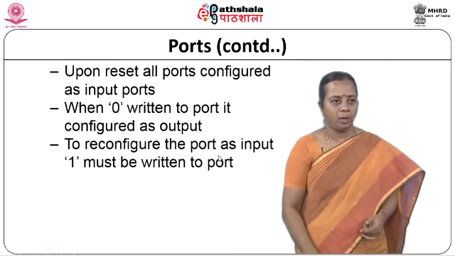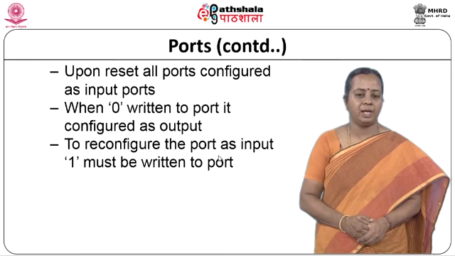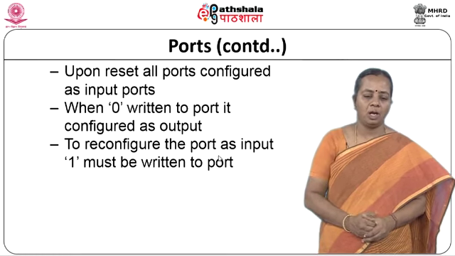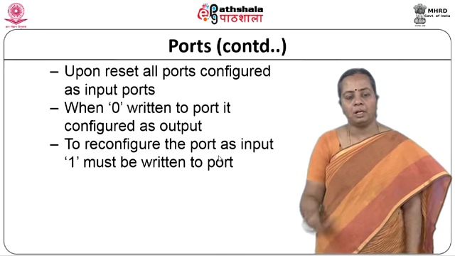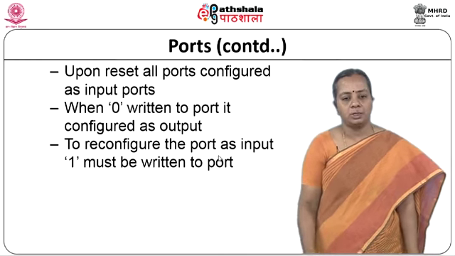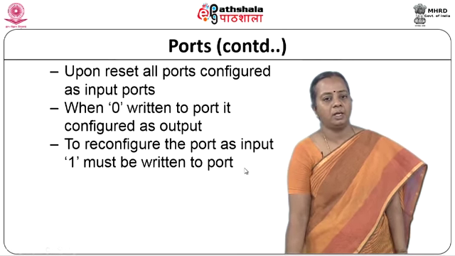So, if for a particular application a particular port or pin has to be used as an input, then I should always start by sending a 1 to that particular pin or port. That initiates, or we can declare, that particular pin or port as an input pin or input port.